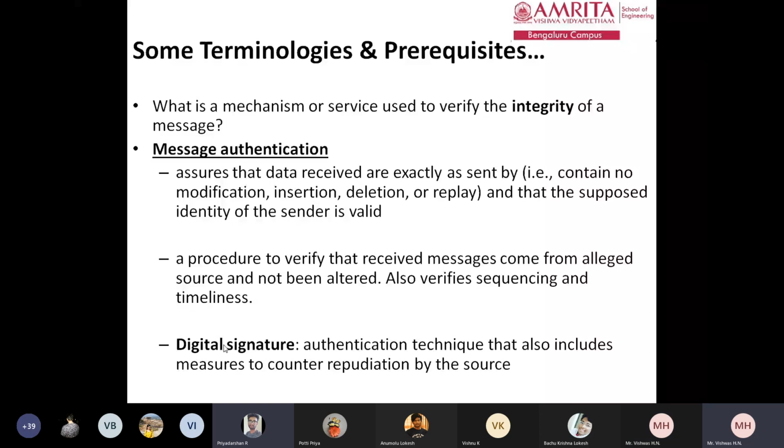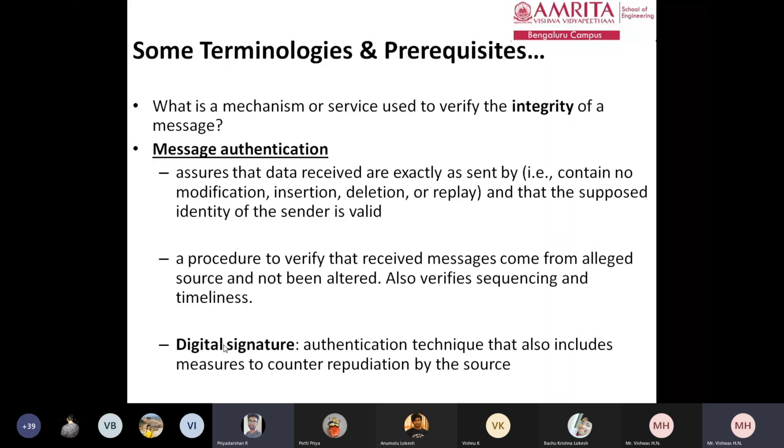So every sender will have two keys, a public key and a secret key. He will generate a special key, a message authentication code, using his secret key. Then he will attach that message authentication code along with the message and send it to the receiver.